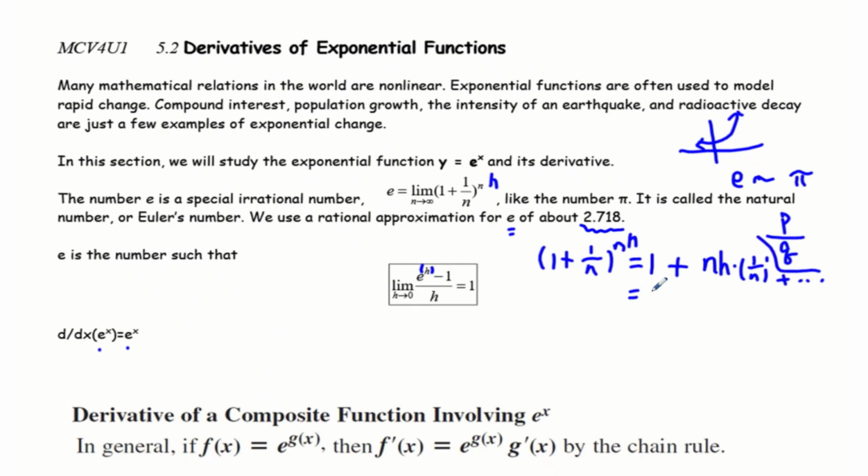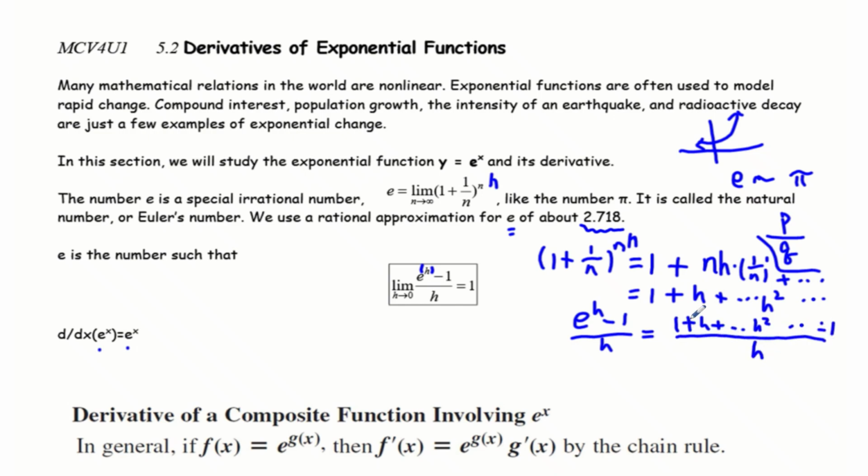We simplify it, and you will find that it's 1 plus h, then plus the next term will be h squared, and so on. So e to the h minus 1 divided by h, we sub in, it will be 1 plus h plus h squared and so on, minus 1, divided by h.